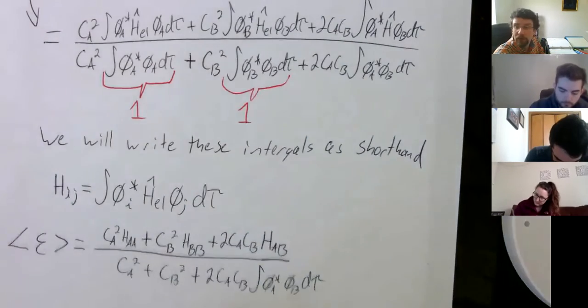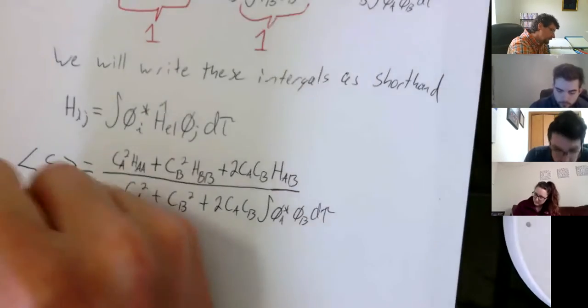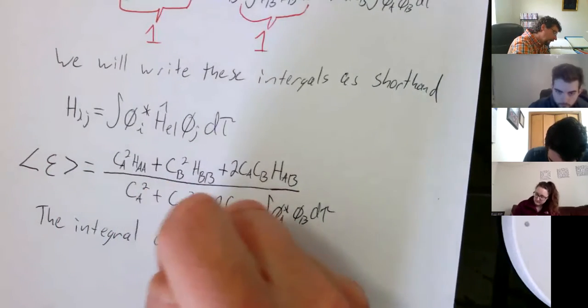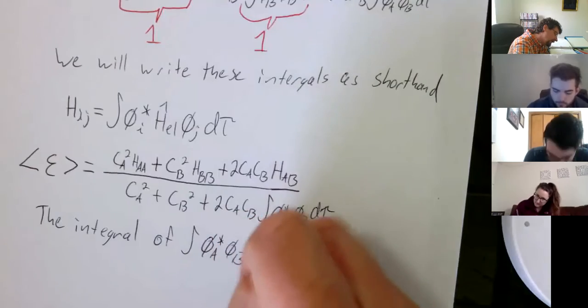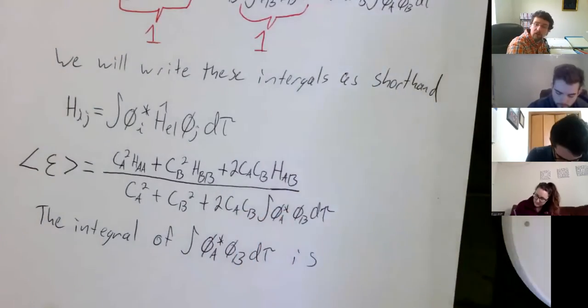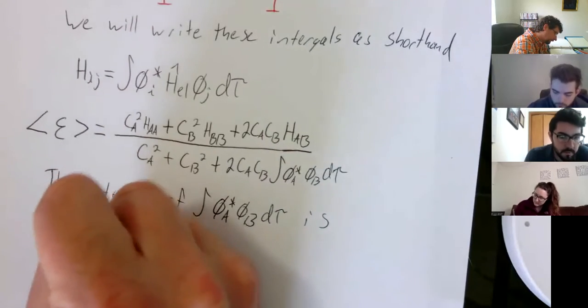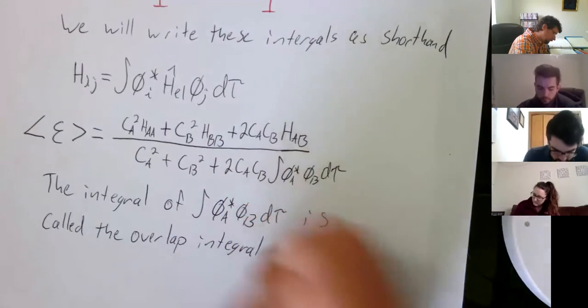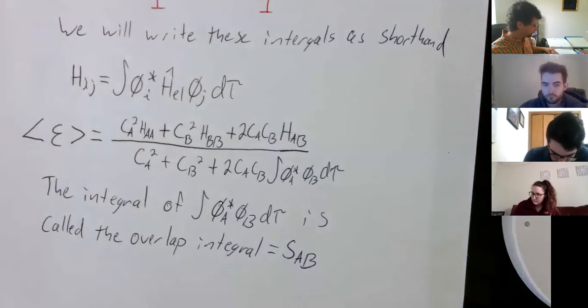Okay, and now we're going to come up with a shorthand for this guy. So the integral of A star B d tau is called the overlap integral, which we're going to label SAB. Okay.